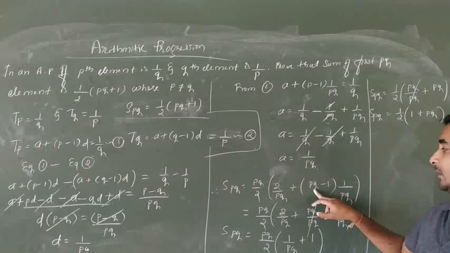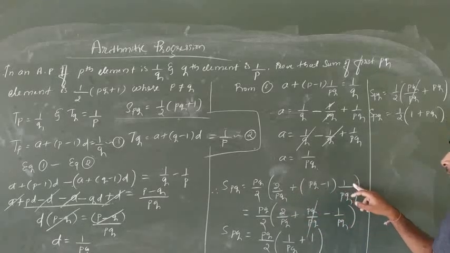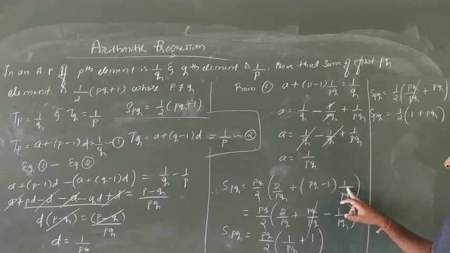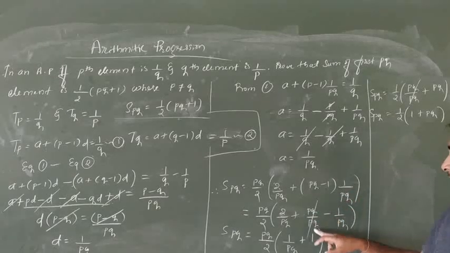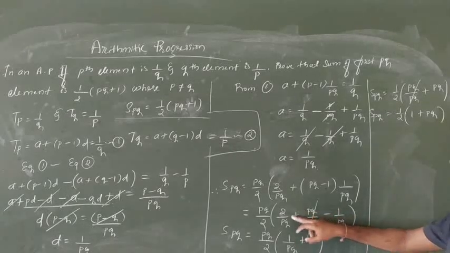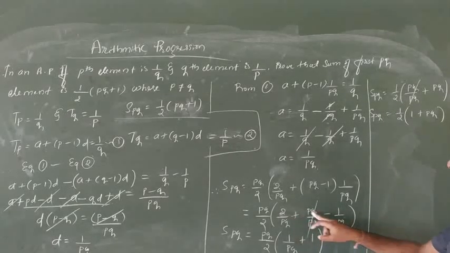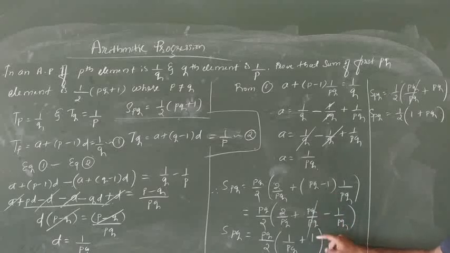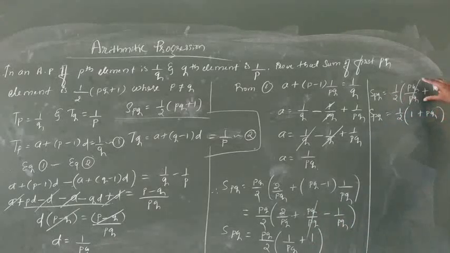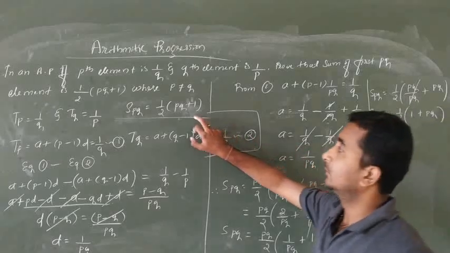First I multiply this pq inside the bracket, then I get this one term. Then 2 pq divided by pq minus 1, after cancelling, I have the plus 1. Then I multiply the pq inside the bracket, and I get the proof of this condition.